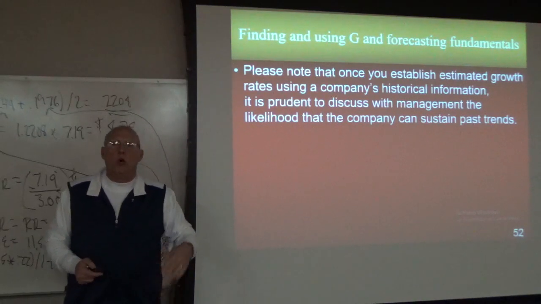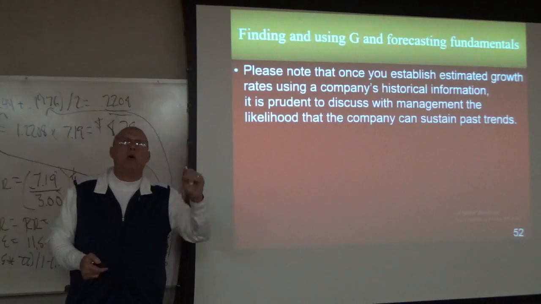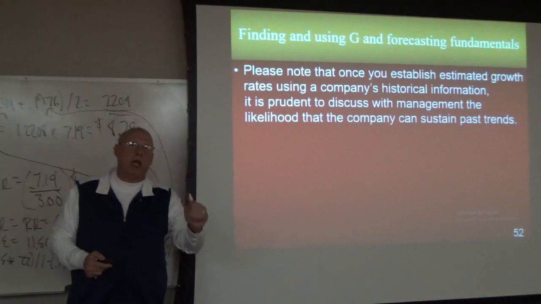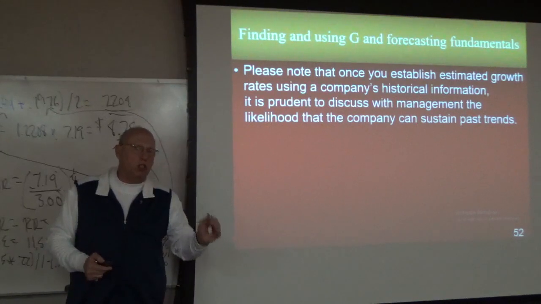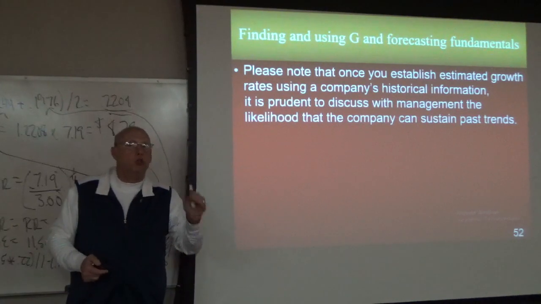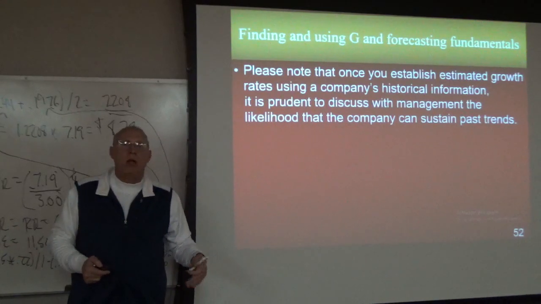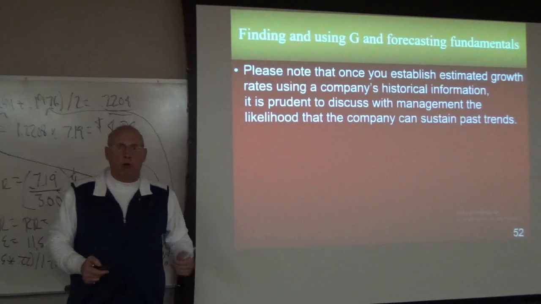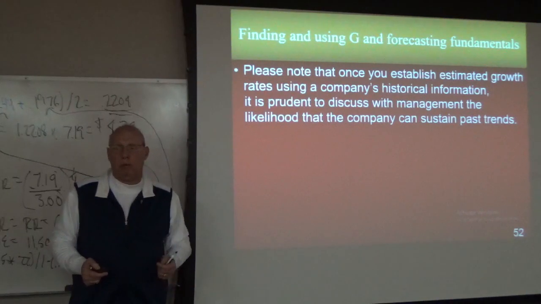We are saying we have measured how you've grown in the past, and we are projecting, extrapolating that into the future. Is that a reasonable thing to do for your business, or do you see circumstances changing that might affect the growth rates going forward? Maybe the growth rates going forward will be better. Maybe they will be worse than they have been in the past. So you have to work with management.